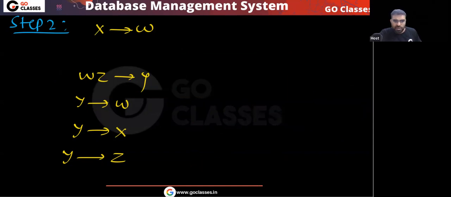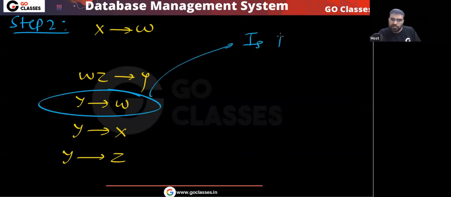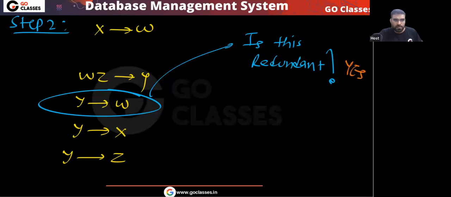What about this one? Is this FD redundant? The answer is yes. Why?